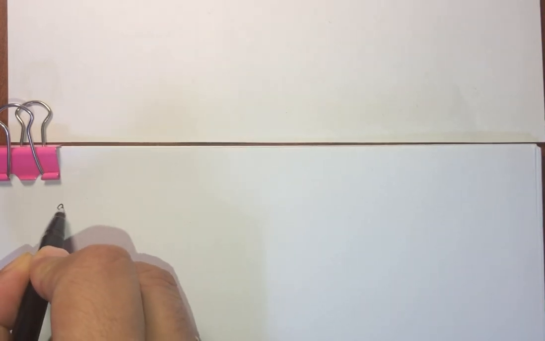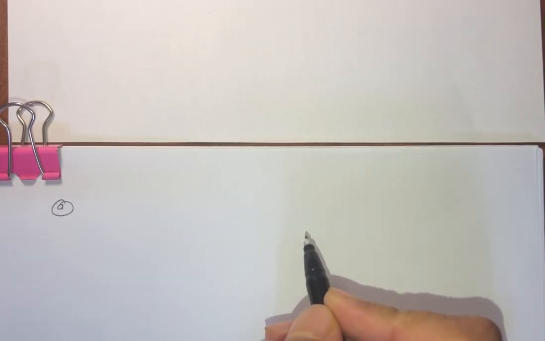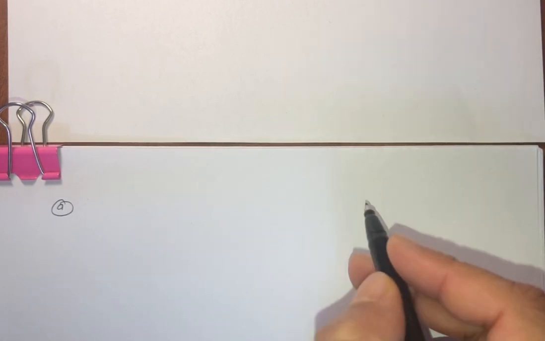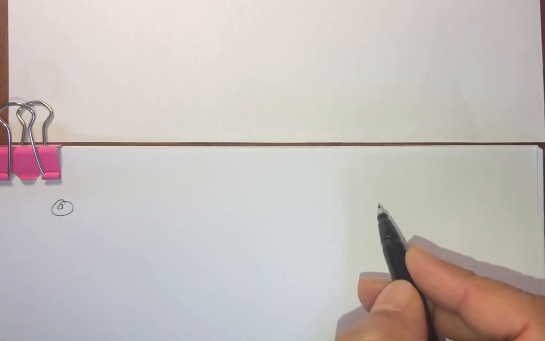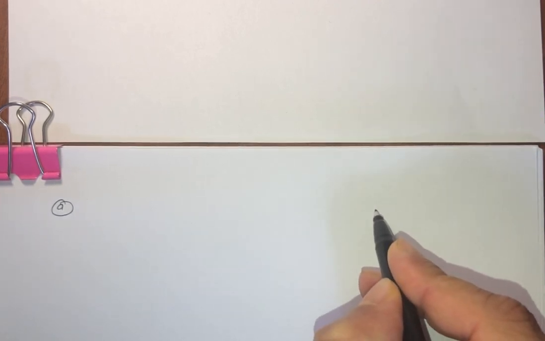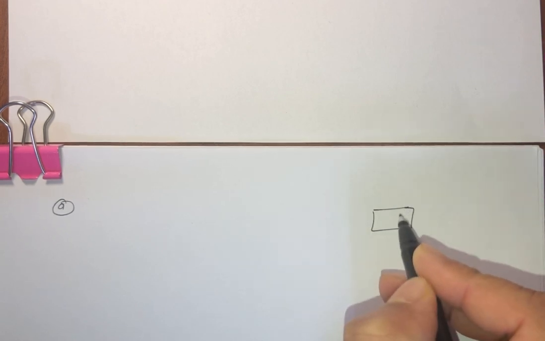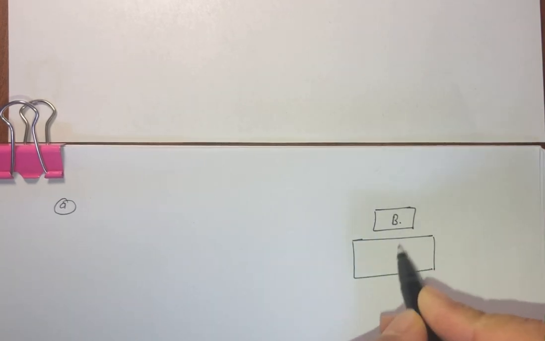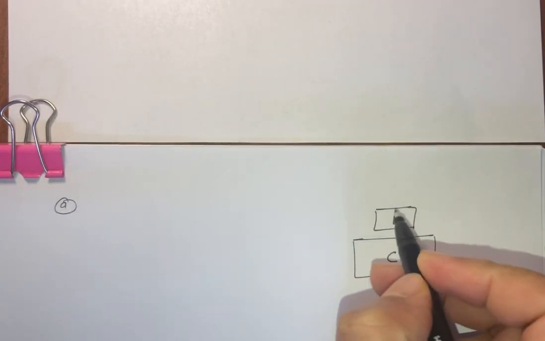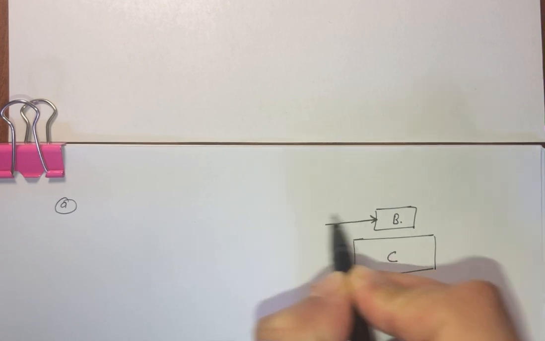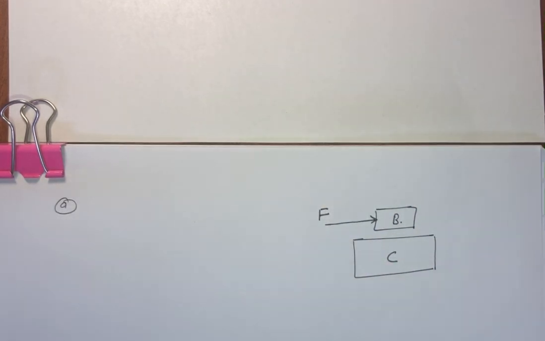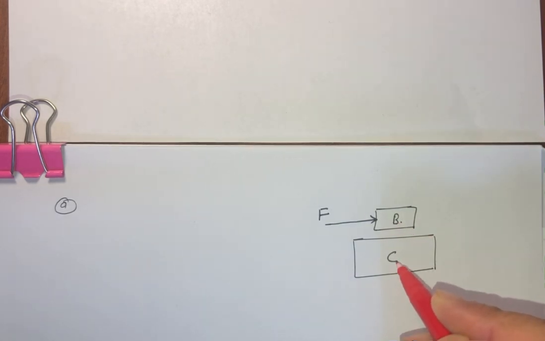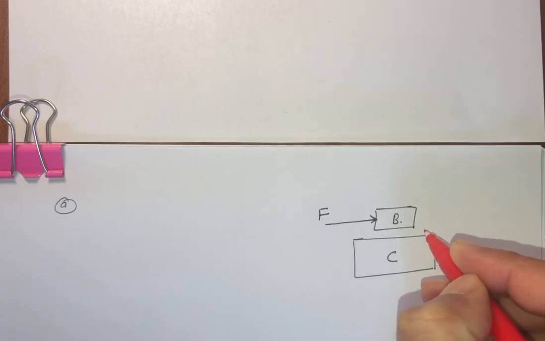So in the A part, we are going to find out what will be the maximum value of force on the B block. Let us draw, this is block B and this is block C, and force F is being applied on block B, and there is a friction between block B and C. The coefficient of friction is given as mu.